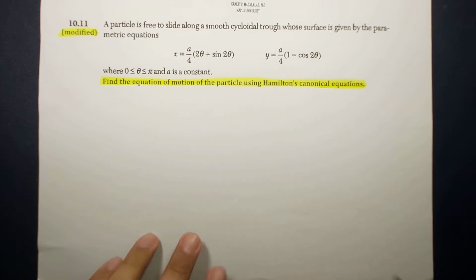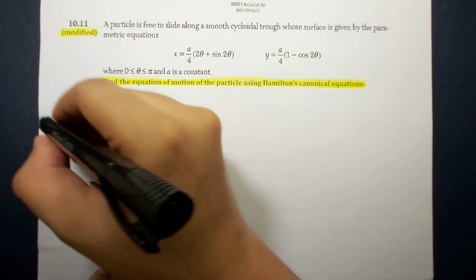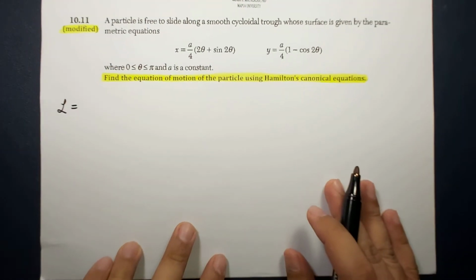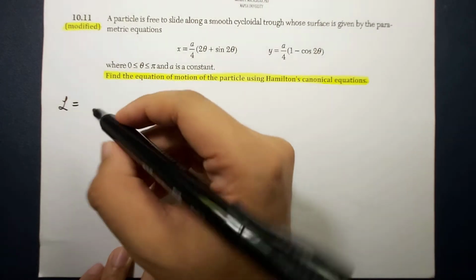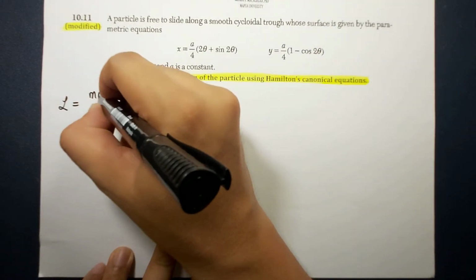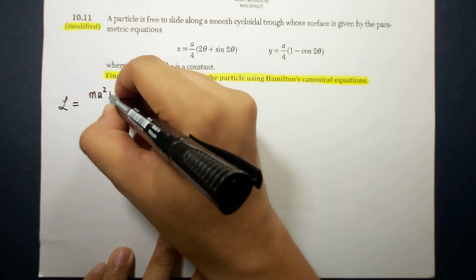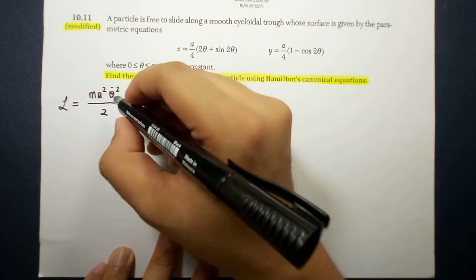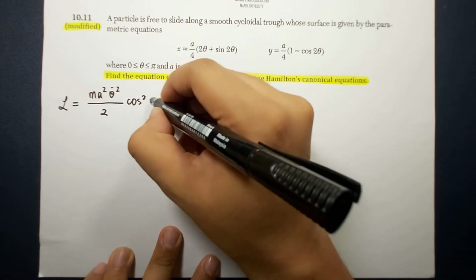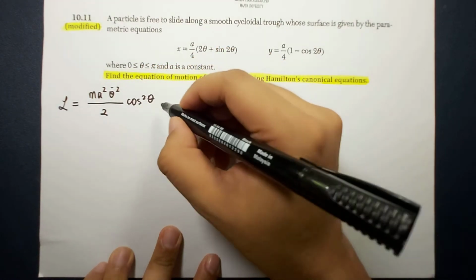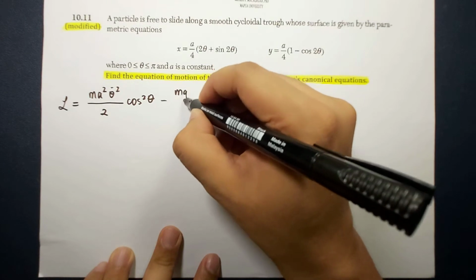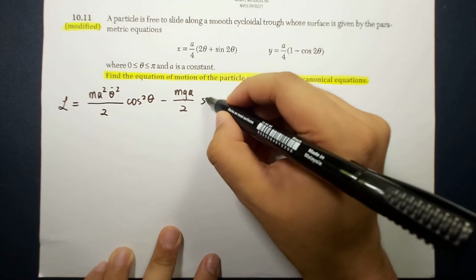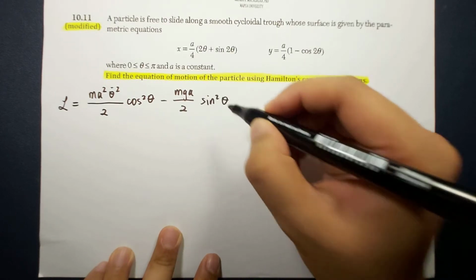So from your problem sets, we know the Lagrangian, but again, this is from your problem set. The Lagrangian is given by m a squared theta dot squared over 2 times cosine squared theta minus mga over 2 times sine squared theta.